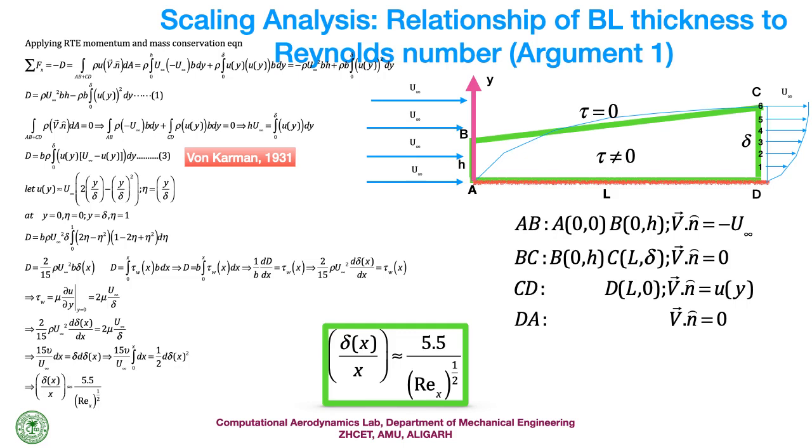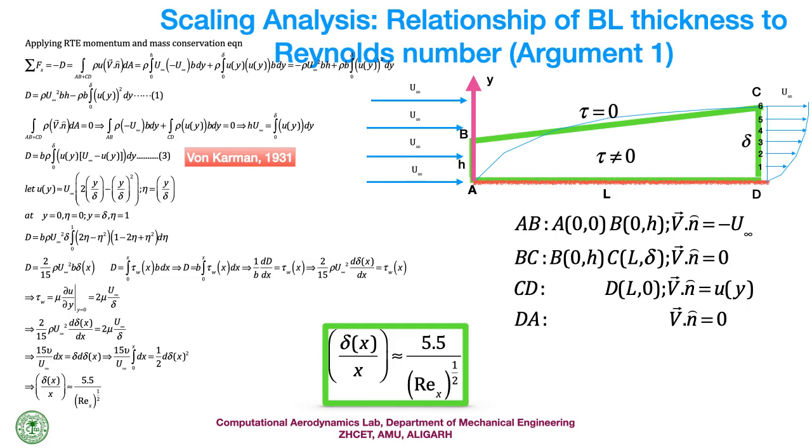And from there you can see that the drag is equal to rho u infinity squared b into h minus rho b into the integral from 0 to delta of u squared dy. Now, by applying the conservation of mass this can be reduced to equation number 3.